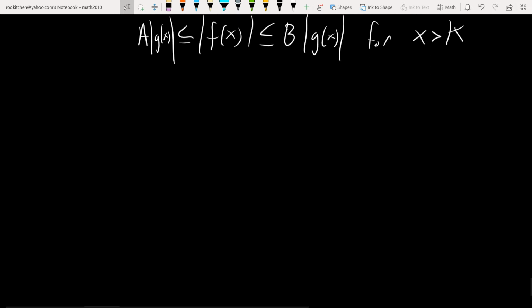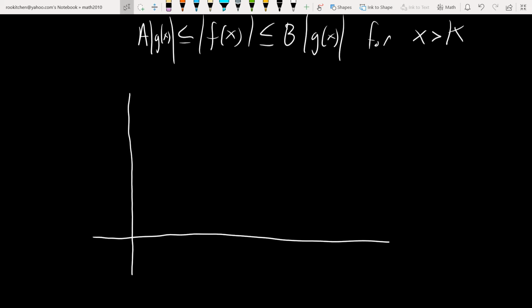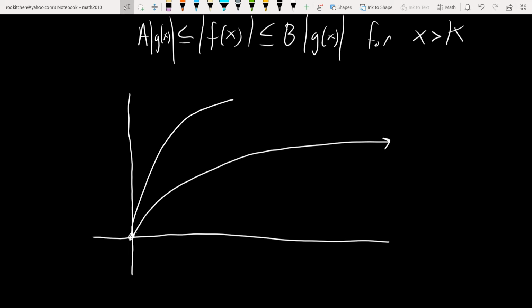So in that case, it'll create kind of a tunnel where the f of x will exist. So here is maybe our g of x times the a value, maybe I made it too big. Here's the other g of x.